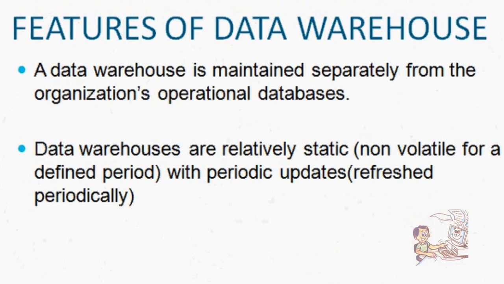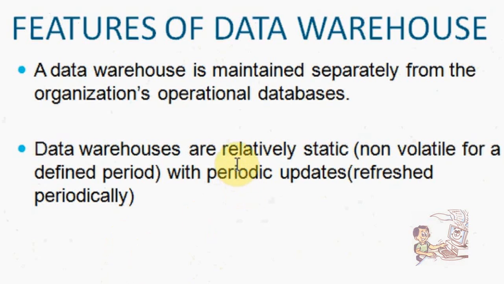And features of a data warehouse: a data warehouse is maintained separately from the organization's operational databases. To run your business you maintain one database, but to store this historical data we separately maintain another database, because this is non-volatile.